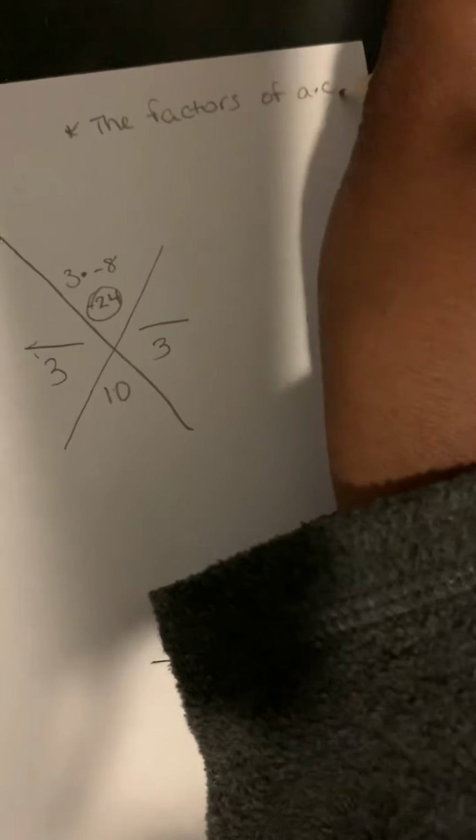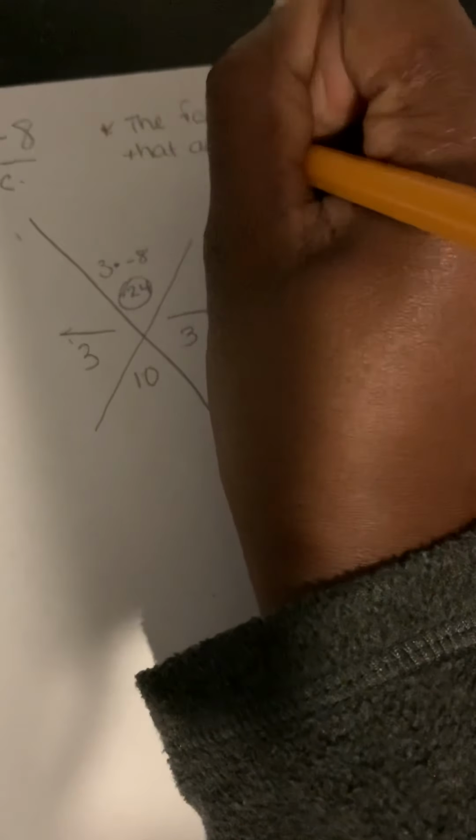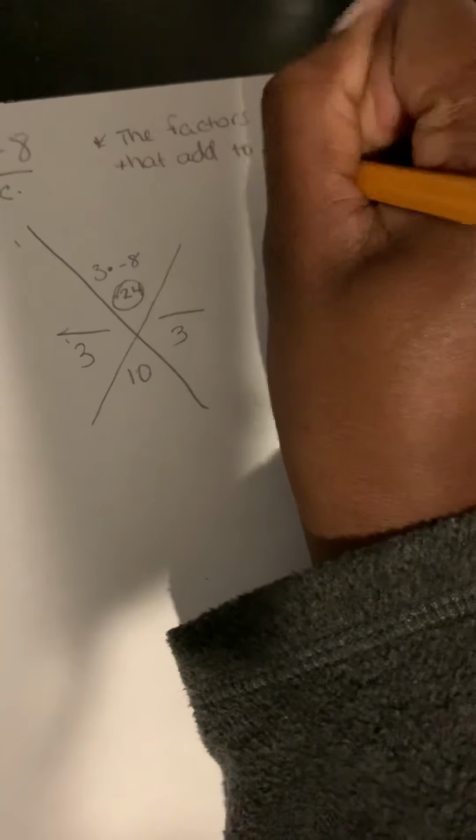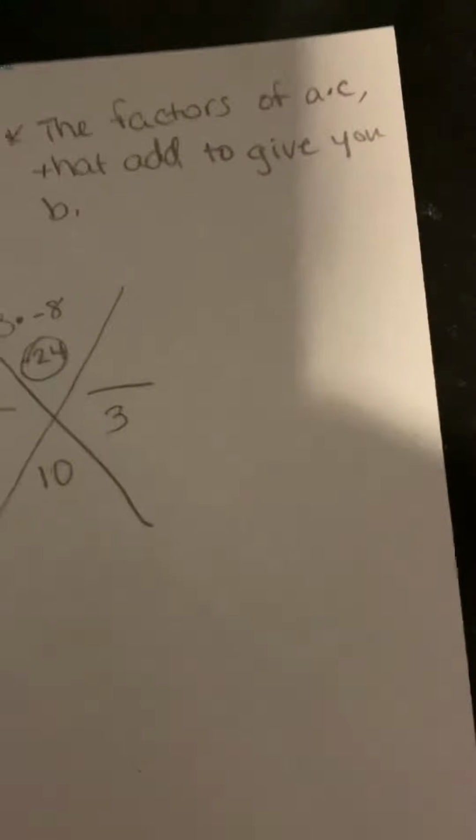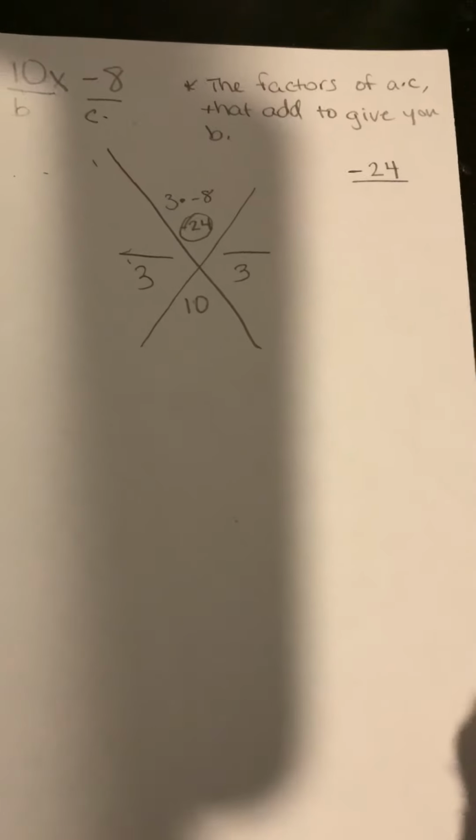So again, factors of A times C that add to give you B. We want to find the factors of negative 24 that add to give you 10.